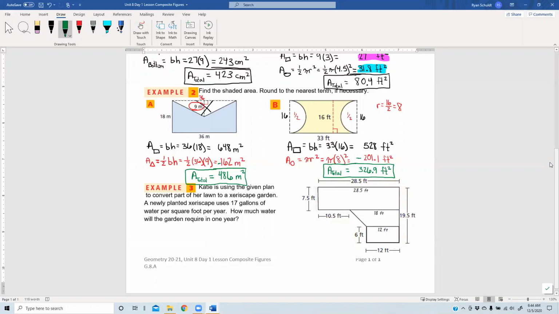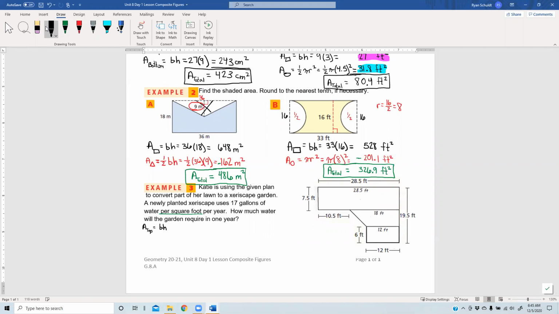Well, per square foot. So that's telling me I have to first get area. So I need to find the area of each of these pieces here. So we're going to have this top piece is what shape? It's a rectangle. So I'm going to say area of top.